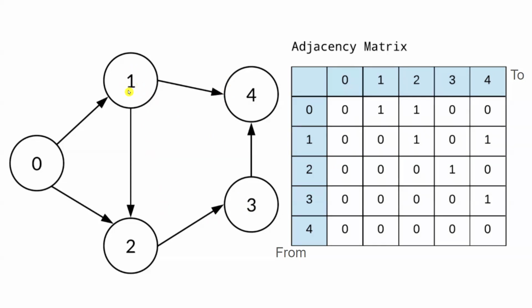There's no edge going from 1 to 3, so it's going to be 0. There's no directed edge from 1 to 3. And then let's say 0 to 2; 0 to 2 should be 1. So yes, there is a link between 0 and 2. You just convert the graph into a matrix. That's the adjacency matrix.